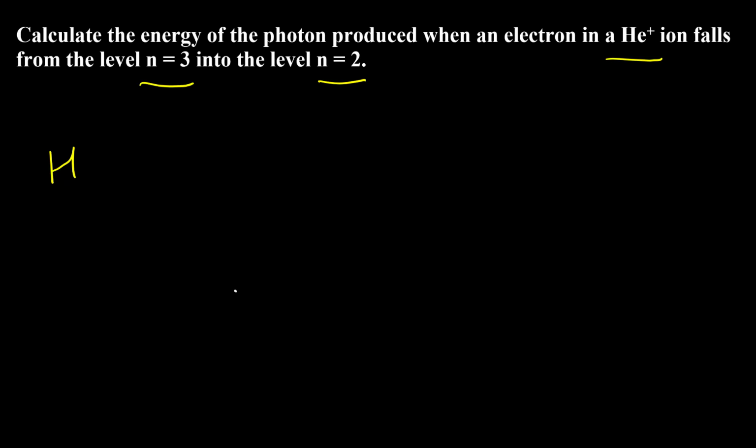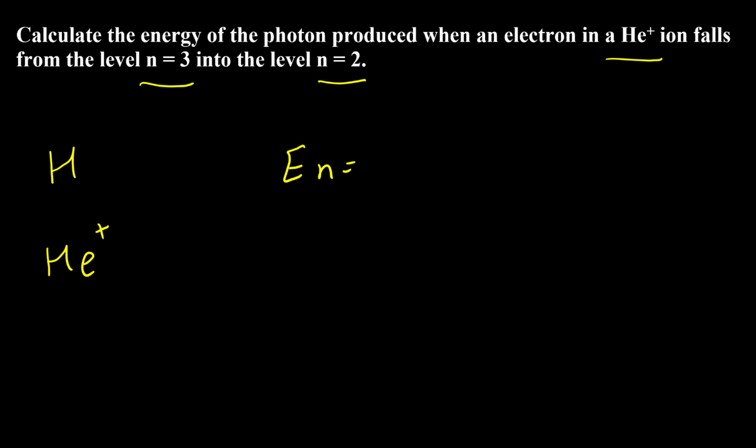What are hydrogen-like ions? Ions with only one electron, like helium plus, lithium 2 plus, beryllium 3 plus, and so on. But the Bohr atomic model cannot be used for species or atoms with multiple electrons, like helium atoms or lithium atoms.